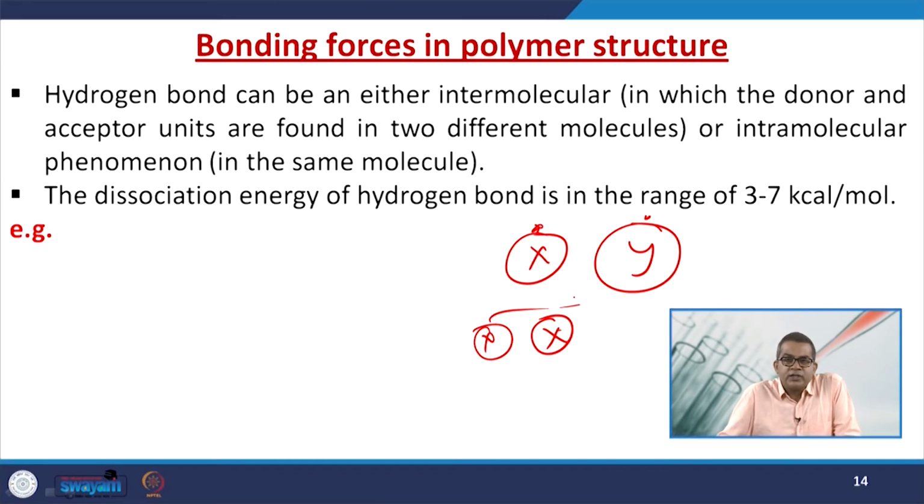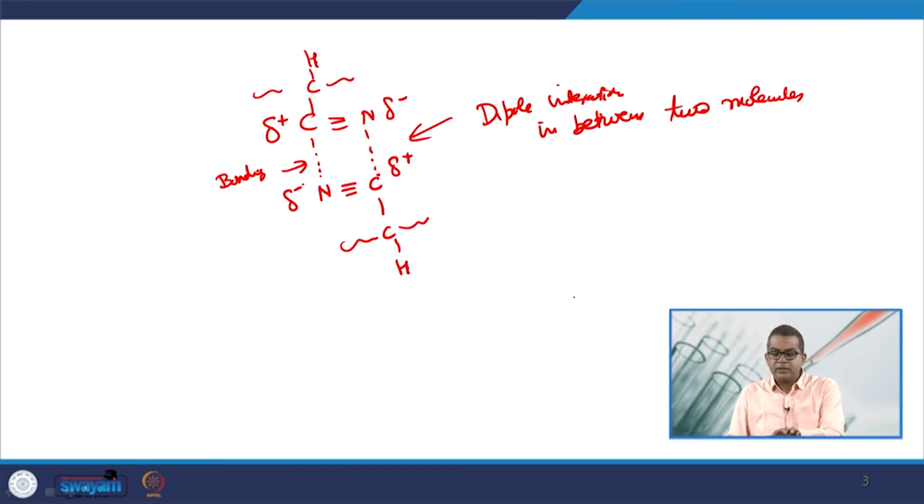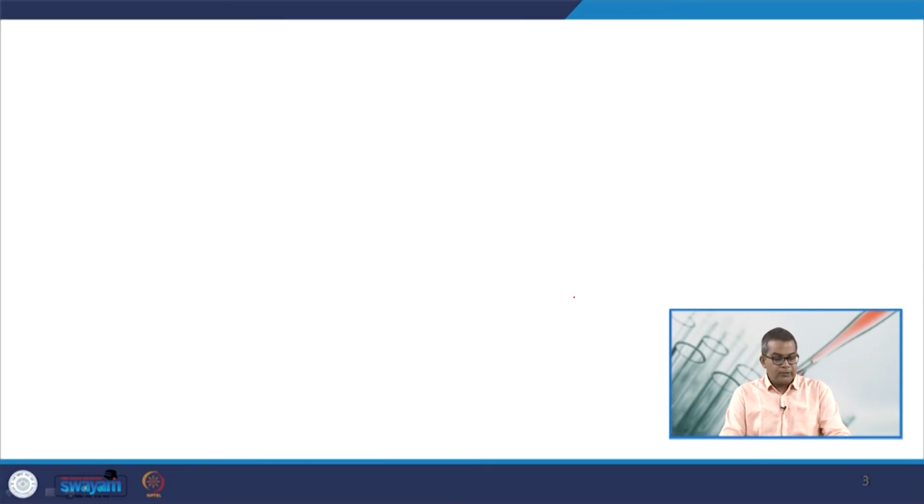So, the dissociation energy of hydrogen bond is usually in the range of 3 to 7 kilocalories per mole. Now, let us have a look at some examples of hydrogen bonding, both intermolecular and intramolecular. So, let us have a brief glimpse.